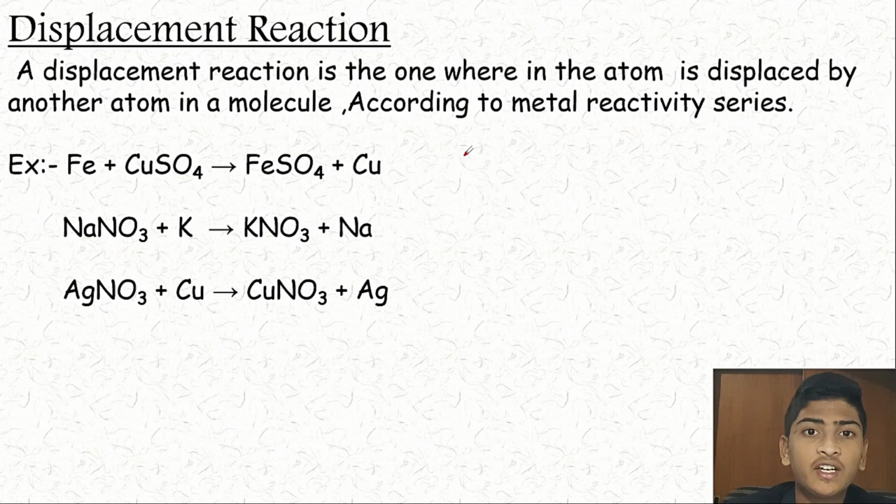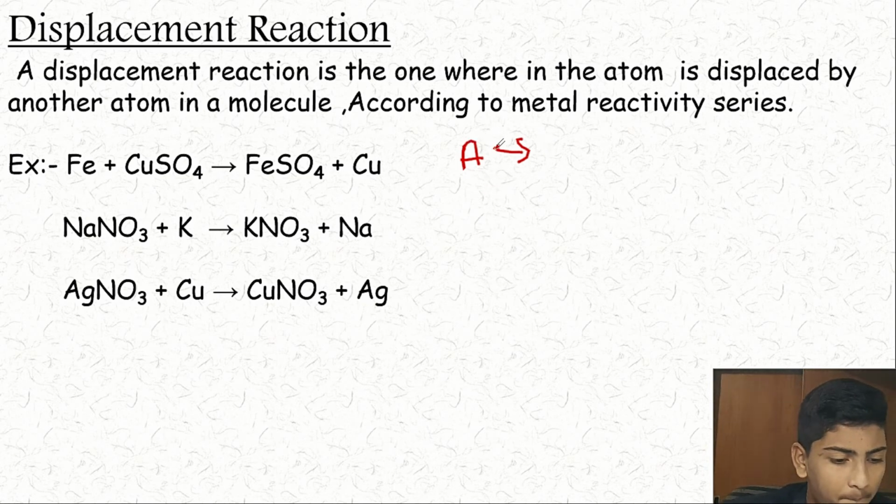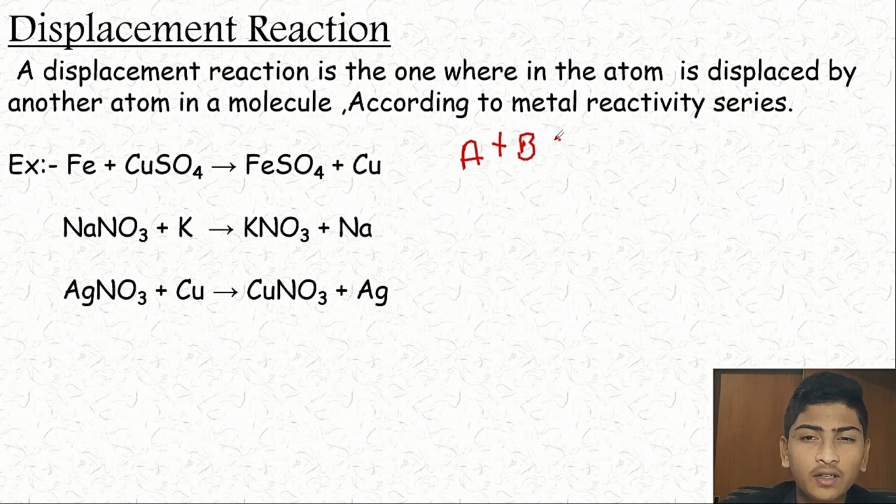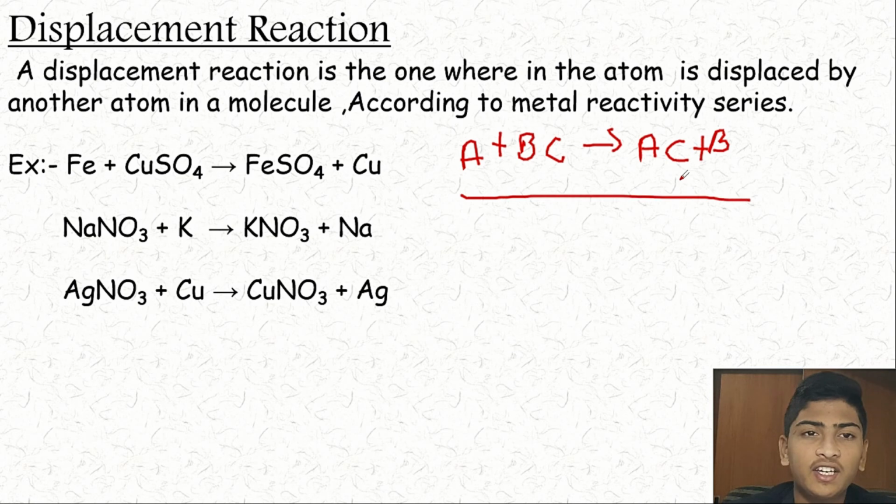They just replace each other, like A plus BC, which gives rise to AC plus B. It is a trick to remember the displacement reaction.